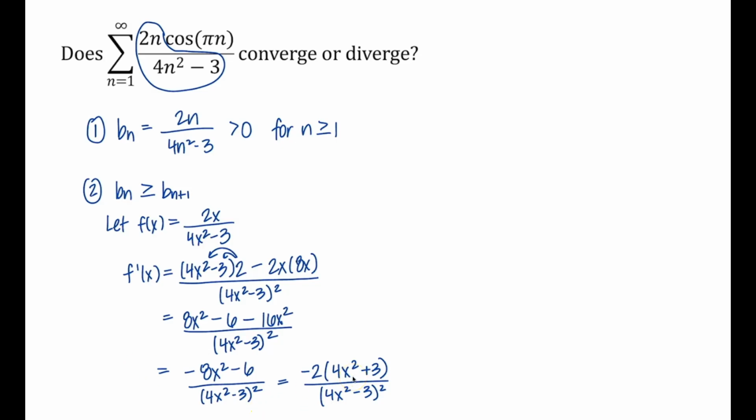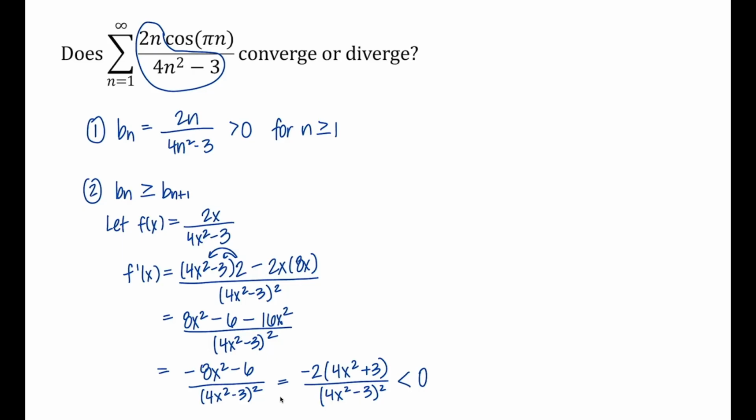Let's take a moment to convince ourselves that this entire quantity is going to be negative. 4x squared plus 3, doesn't matter what x I plug in here, this quantity is positive. This quantity down here, 4x squared minus 3, is all being squared. So that quantity is going to be positive. But all of that is multiplied by negative 2. So no matter what we substitute in for x, this whole quantity will be negative.